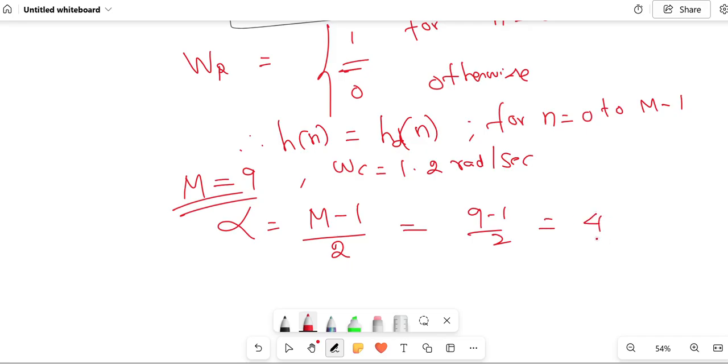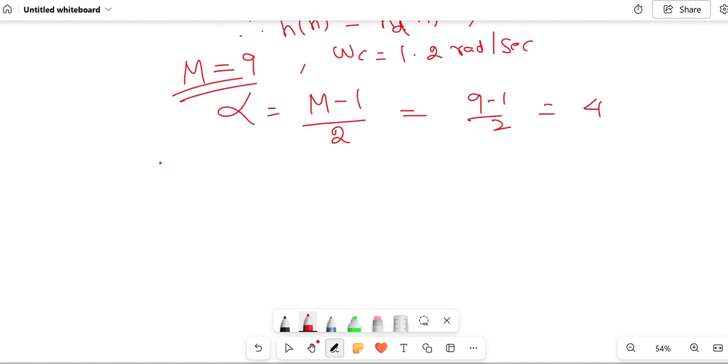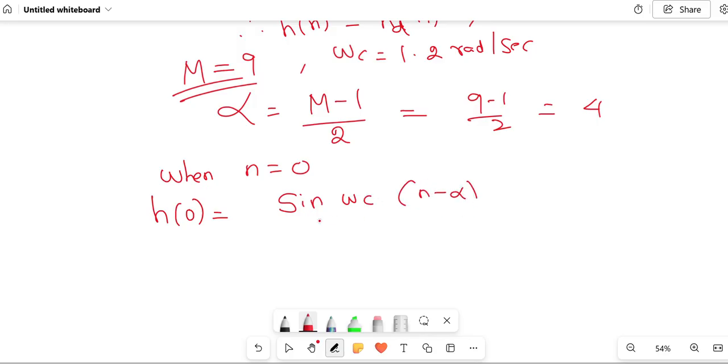Now when n is equal to 0, h of 0 will be, what is the formula? Sin of omega c into n minus alpha, by pi into n minus alpha.